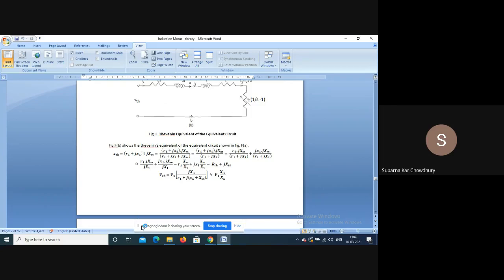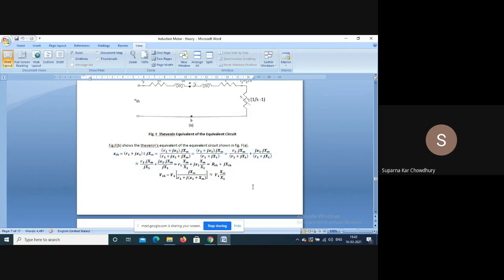So it will be R1 plus JX1 into JXM divided by R1 plus JX1 plus JXM. So this small x1 plus xm is replaced by capital X1. So this is R1 plus J small x1 into JXM by R1 plus J capital X1. If we write it this way, this will be R1 into JXM by the denominator plus JX1 into JXM by the denominator.